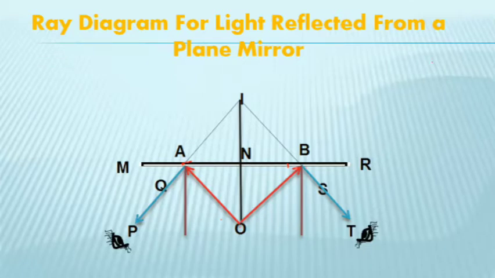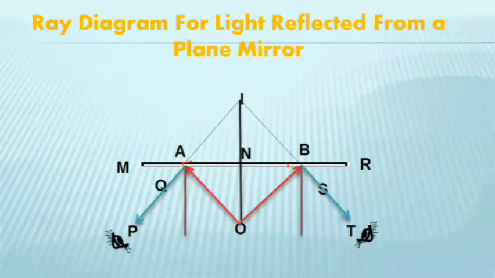You can see the direction of arrows because these are the incident rays, the rays of light traveling from the object up to the mirror, and then coming back into the eye. These are reflected rays, and these are incident rays. You can see them from the arrows.